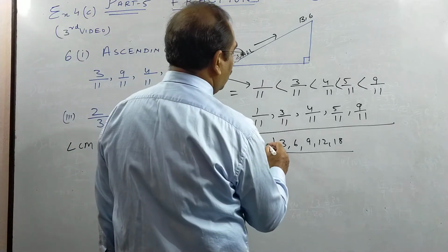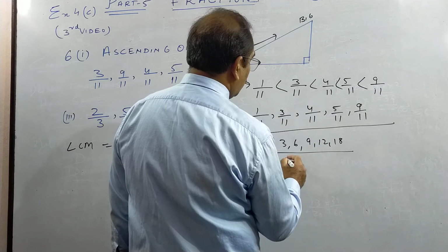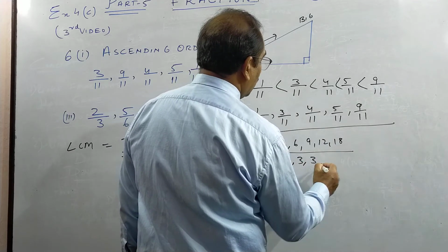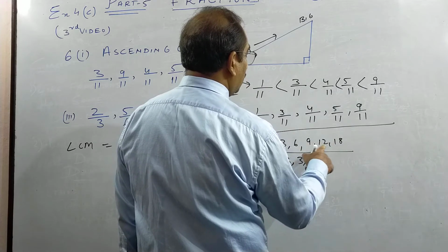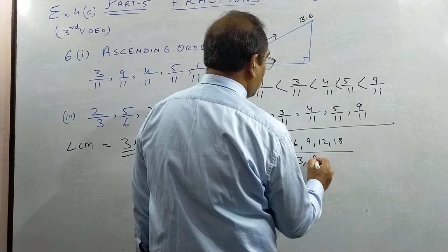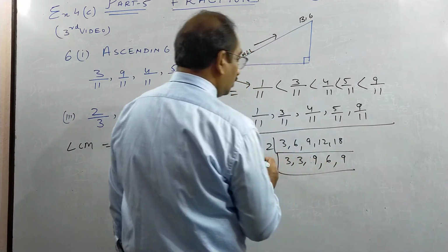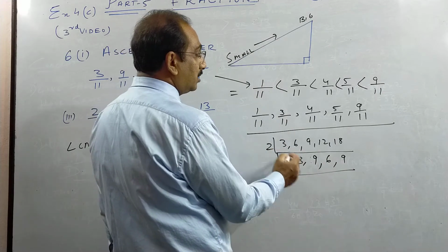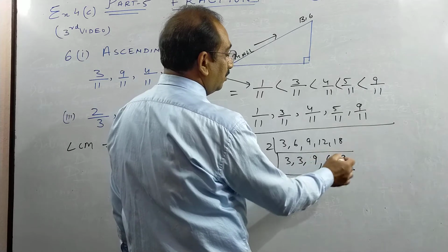Or we can do it with the traditional method, which is very similar. Here I take 2 because there are 3 even numbers. So 2: this 9 will remain 9, 12 will become 6, 18 will become 9. 2 is an even number, so this changes, this does not change, this changes, this remains the same, this becomes half.